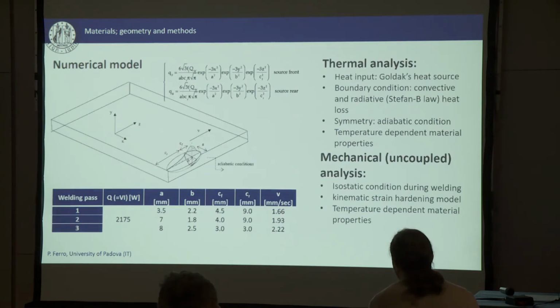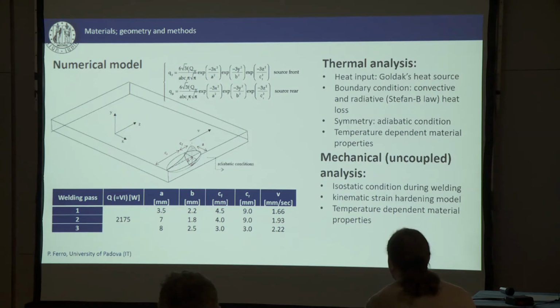About the numerical model, we applied the computational welding mechanics strategy. First of all, one has to simulate the thermal analysis, and the thermal analysis was simulated by using a Goldak heat source.